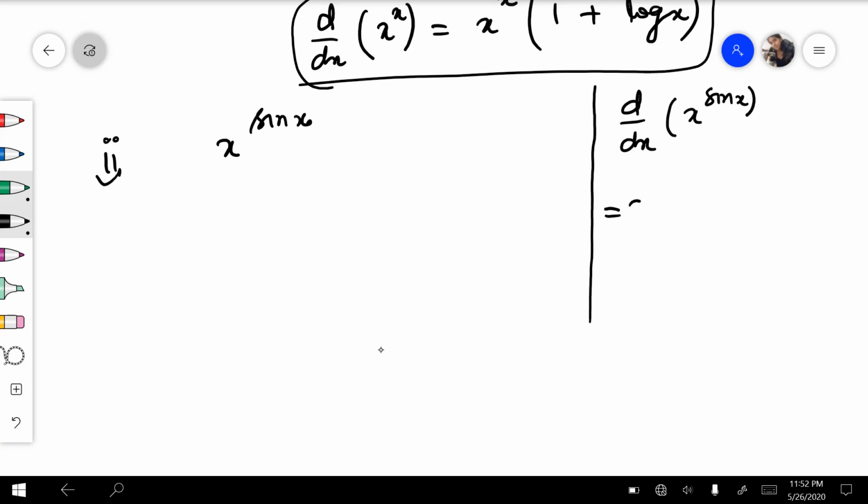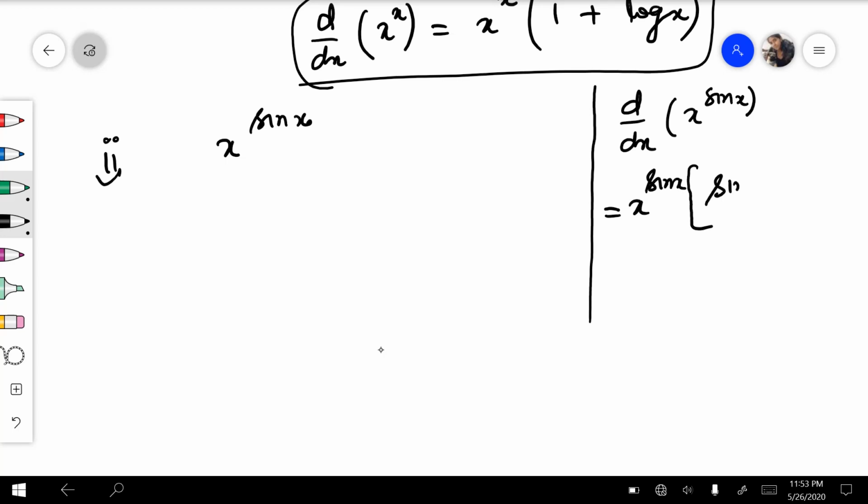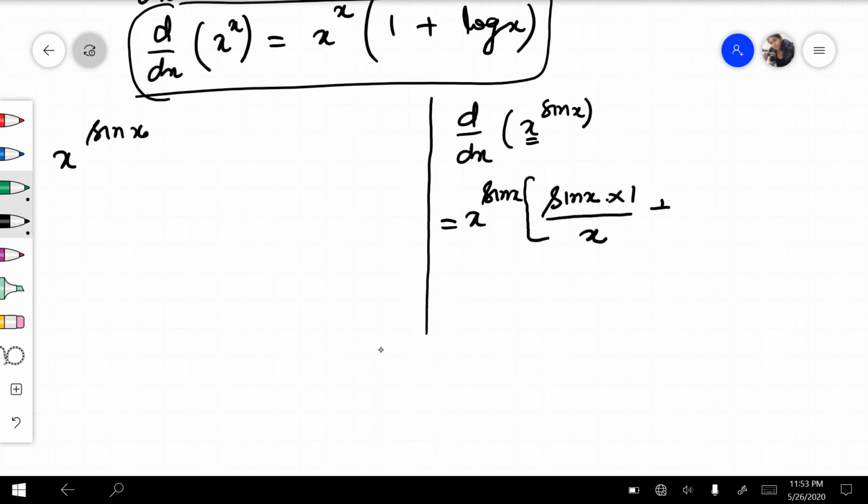This is equal to given function as it is into exponent into derivative of base. base क्या है यहाँ पर x, तो x की डिफरेंशिएशन 1 upon base plus derivative of the exponent sin x की डिफरेंशिएशन cos of x into log of base. Answer.